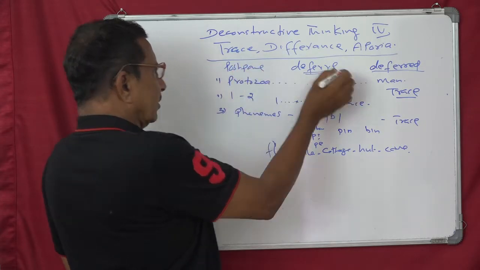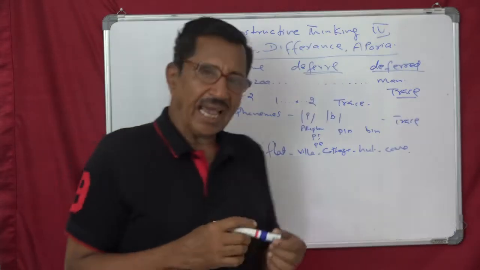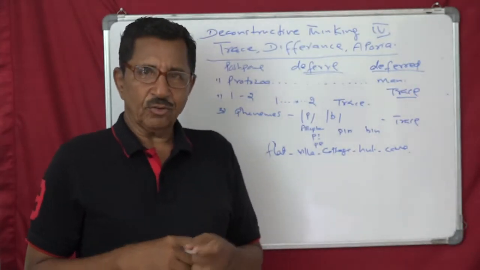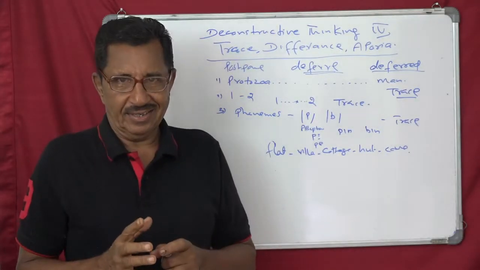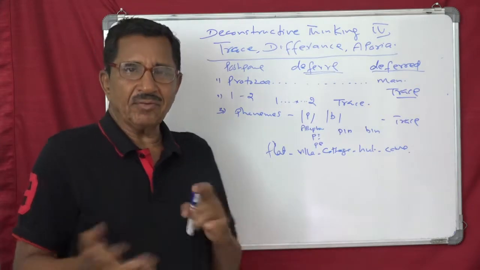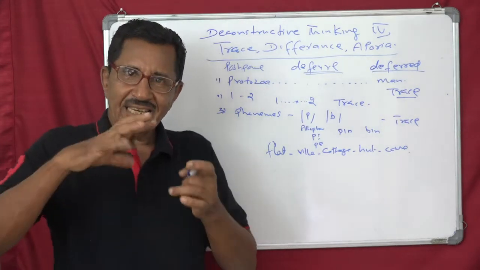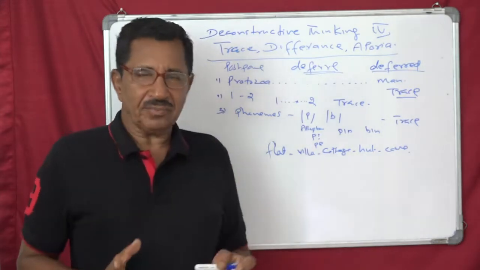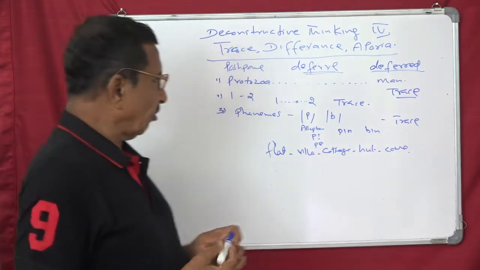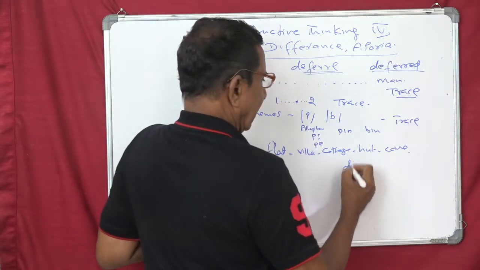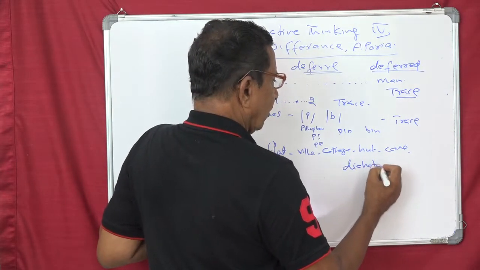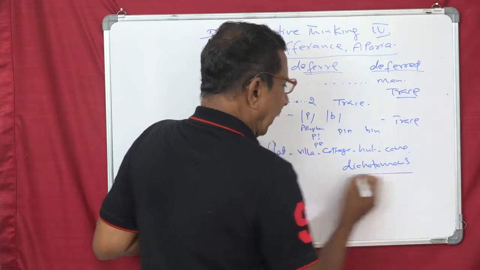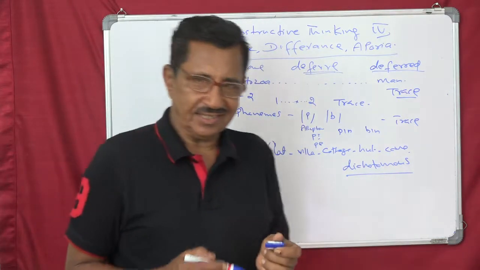Postpone. Actually, deferre, the meaning is carry away. So when in a binary, like man, woman, it's not that the binary is not dichotomous. Dichotomous means they are not absolute opposites.